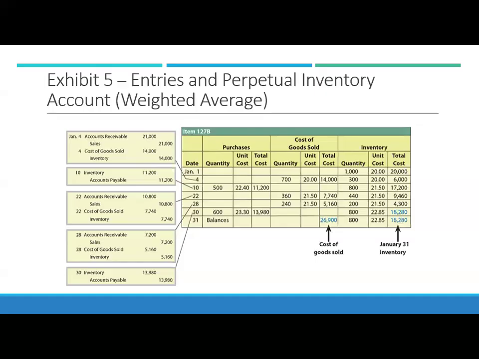When we make this purchase here, it's 500 units at 22.40. And so now we have to calculate the new weighted average cost that this inventory is going to be. And so we have another 500 units times $22.40 is equal to 11,200.